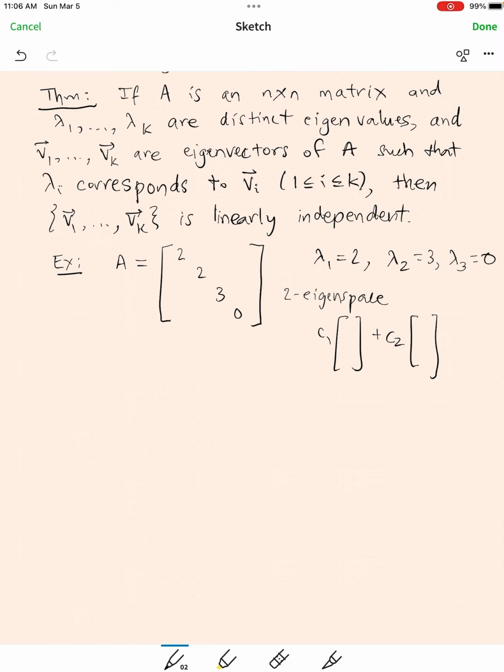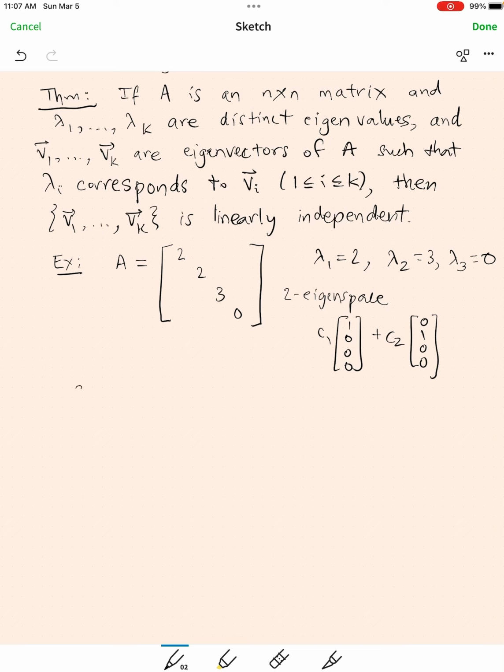The 2 eigenspace is going to be, so what's going to happen is this, this matrix is acting on R4, and the E1 axis will be stretched by a factor of 2, and the E2 axis will be stretched by a factor of 2. And so the 2 eigenspace is just constant multiples of this vector, and constant multiples of that vector.